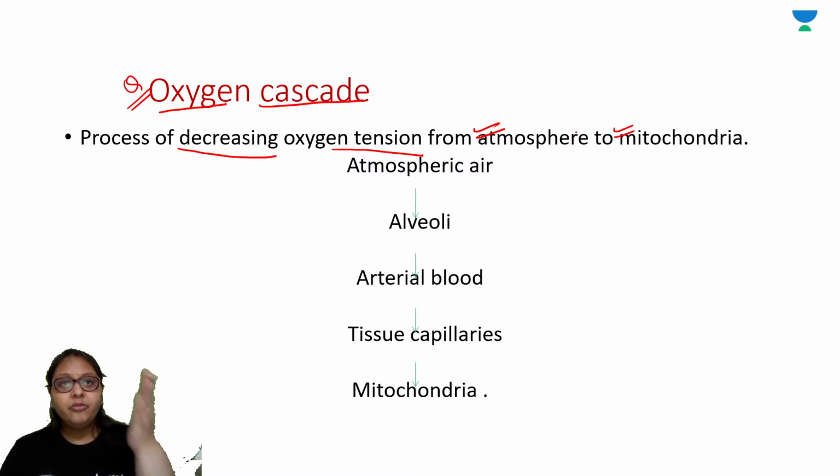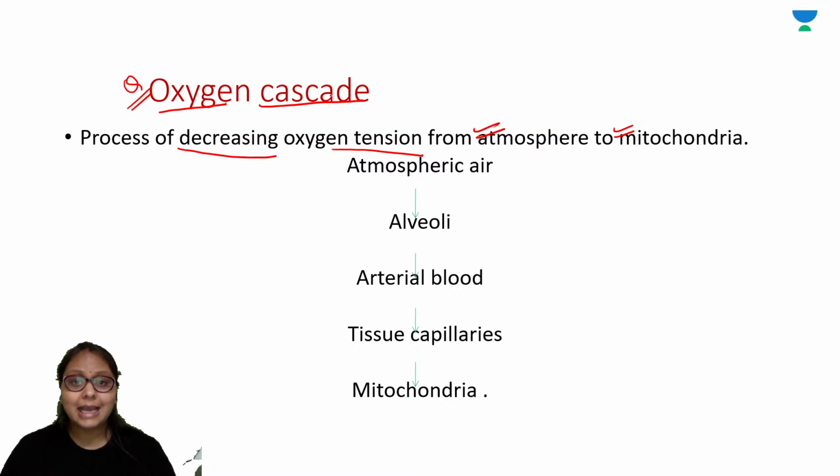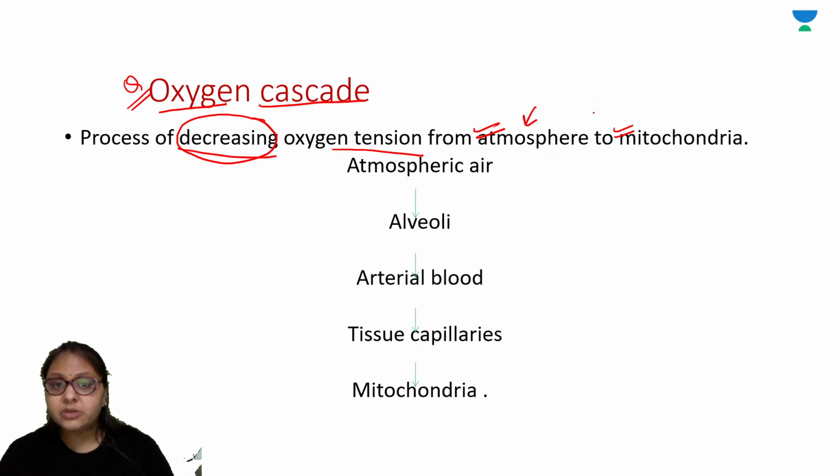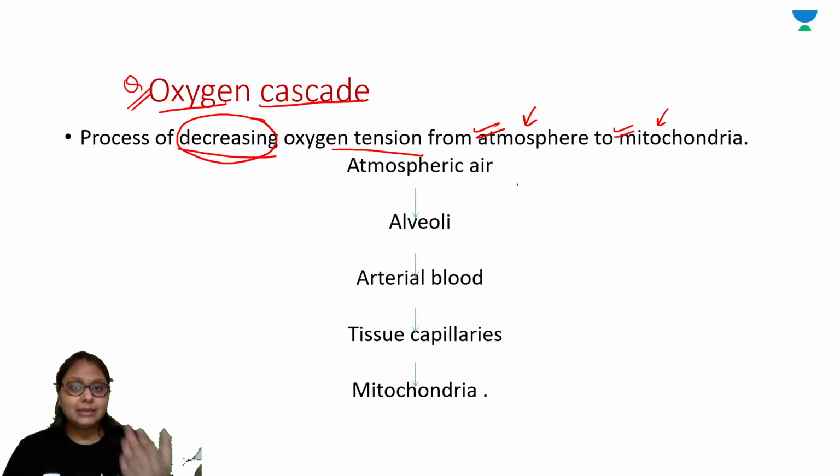So from 158, at the tissue capillaries it is 40, and in the mitochondria it is 5 millimeters of mercury. Please remember what the oxygen cascade is: the process of decreasing oxygen tension from the atmosphere to the mitochondria is known as the oxygen cascade.